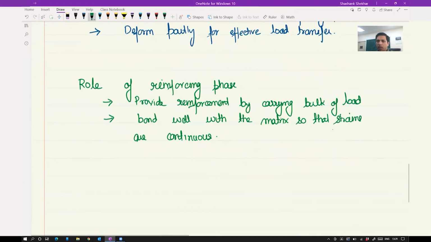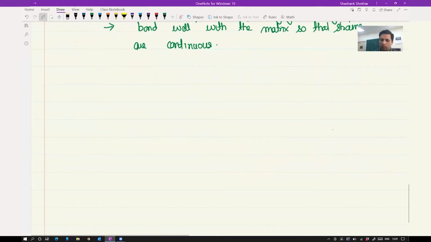So for example, for the matrix, if we are using metal, then we know that metals are one of the most versatile engineering materials with very good strength, ductility, and impact strength.